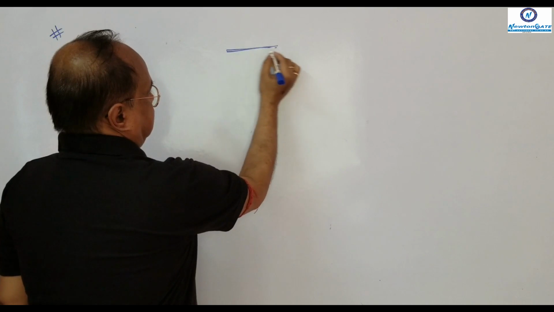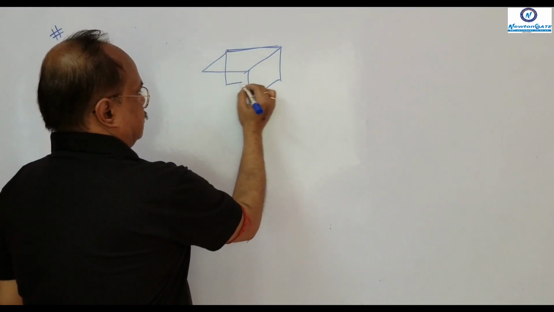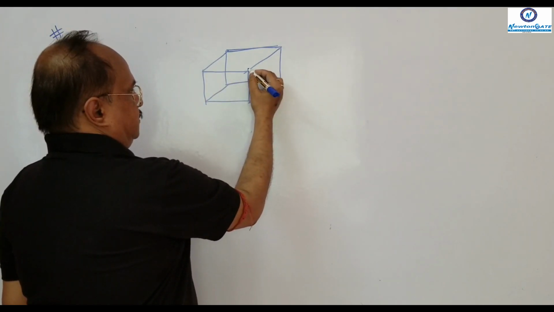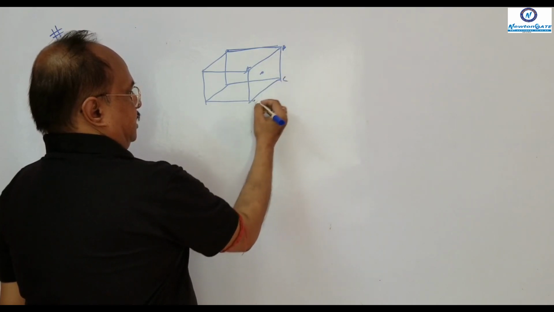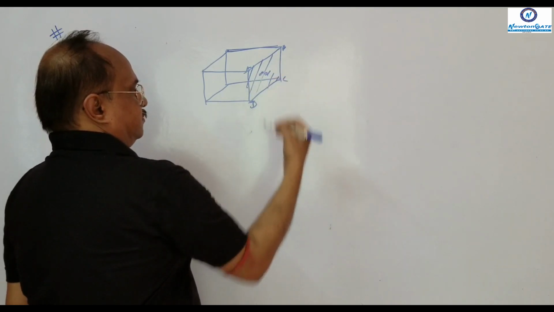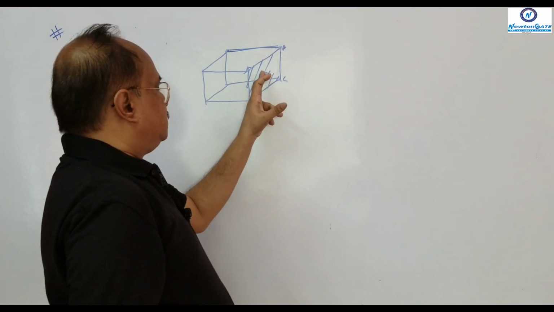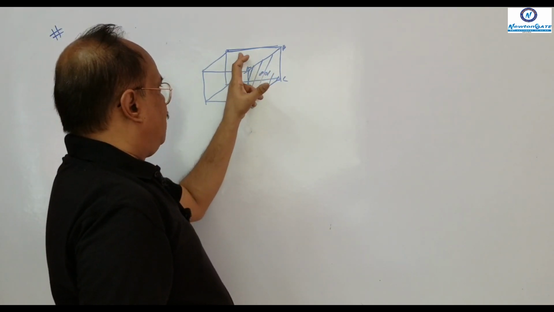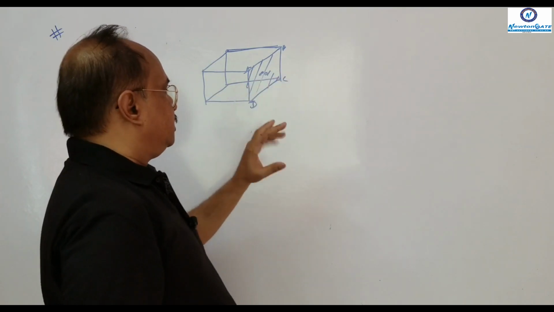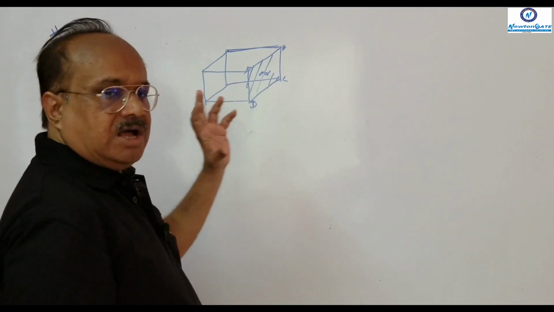Suppose you have a cube like this, and the charge Q is kept at the center of this face ABCD. My question is that this charge is not touching the rest of the 5 faces, 1, 2, 3, 4, 5. Through those 5 faces, how much flux will come out?